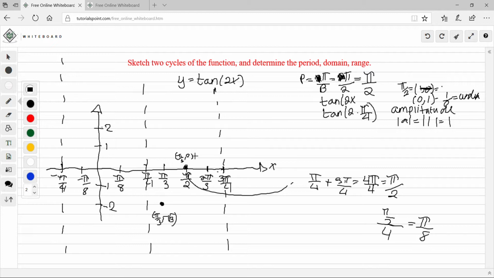So it'd be right around here. So this is 2 pi thirds, comma, positive root 3. So it will look something like this.